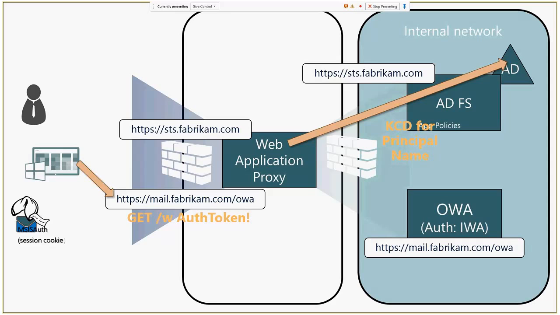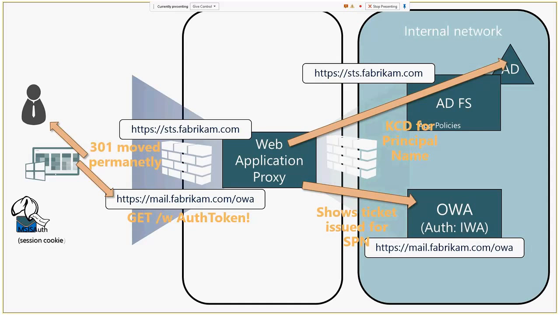It's going to get back an auth token string at that stage. It's not a cookie, really, it's just a string at that stage. And the web application proxy is going to ask Active Directory for a KCD ticket for my name. So we have Kerberos delegation configured in that example. And at that stage, the web application proxy will show that ticket against the 2013, 2010, 2007 CAS boxes. At that stage, we are fully logged on. The user sees his mailbox, he's logged on, he's happy to work.